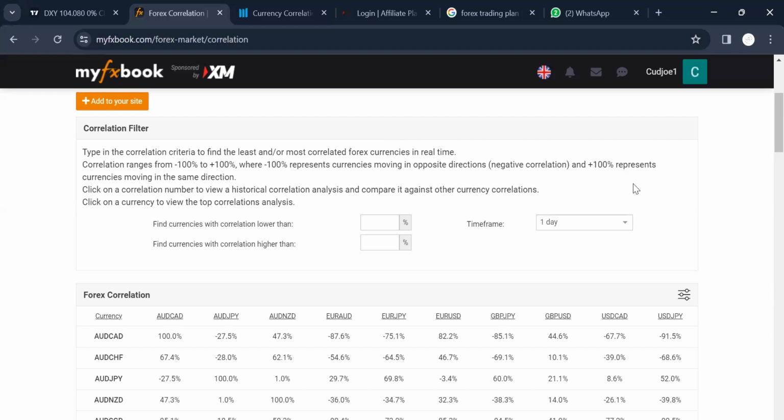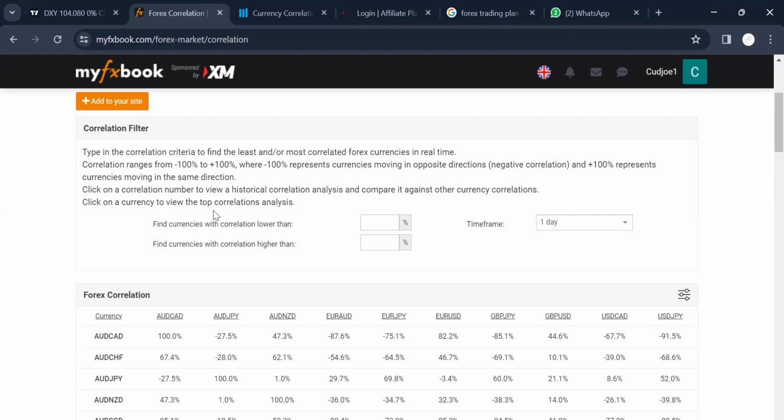I think from last week Friday. So that is it. So let's read something small about correlation. Now, once again, type in the correlation criteria to find the least and or most correlated forex currencies in real time. So real time means the thing is happening, right? The data is real, it's current, it's timely.